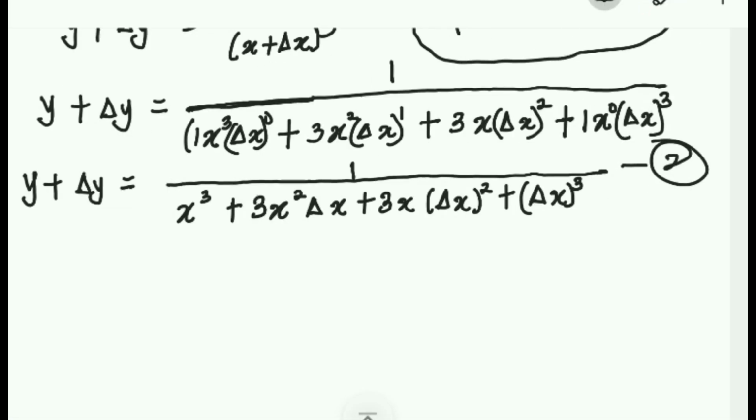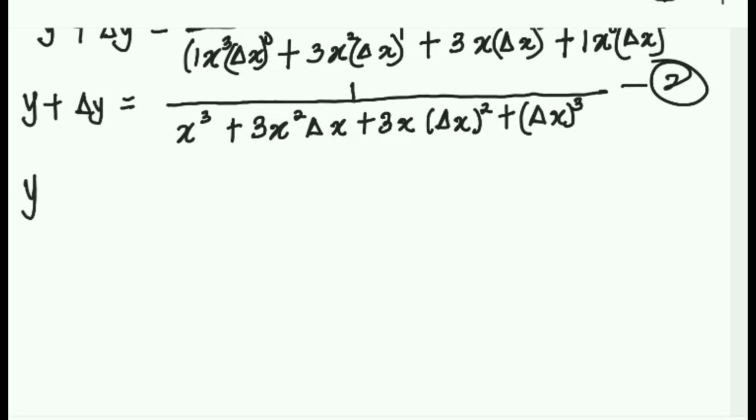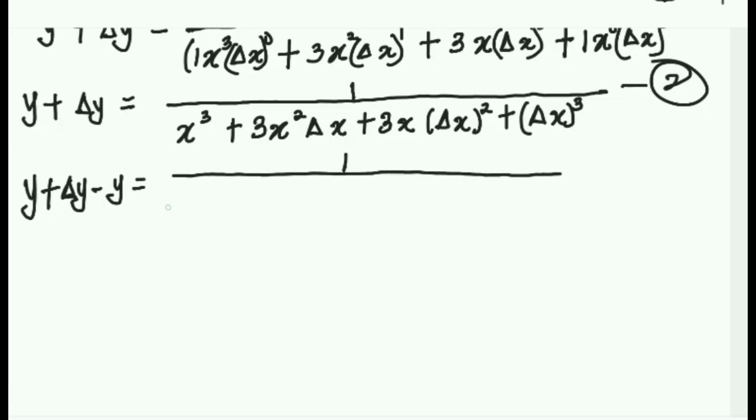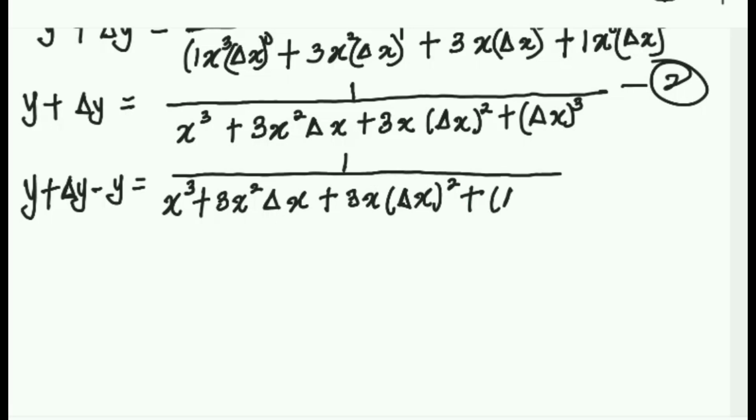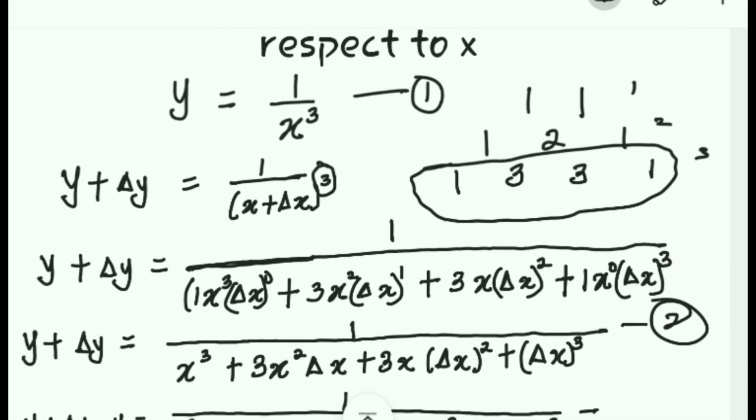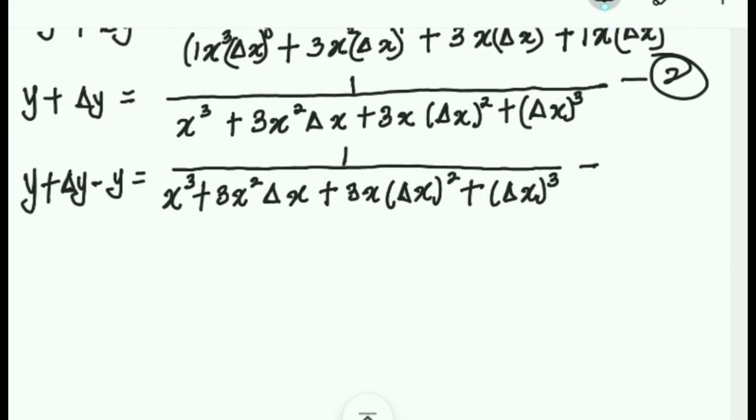And so we can subtract equation 1 from equation 2. So I have this as y plus change in y minus y equals 1 divided by x cubed plus 3x squared change in x, plus 3x change in x all squared, plus change in x all cubed, minus 1 over x cubed.